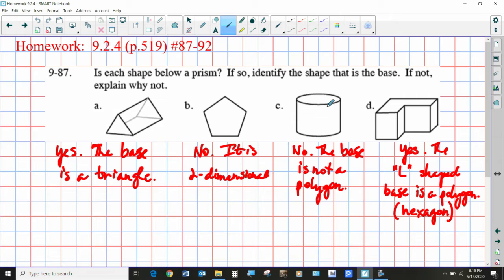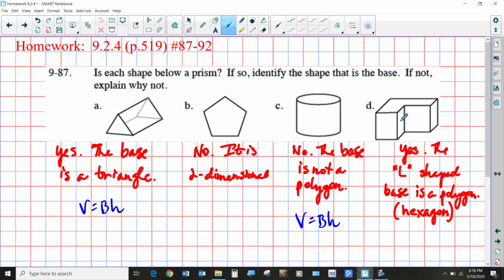Technically, this is not a prism, although the formula you're going to find in 8th grade is exactly the same as the formula for finding the volume of a prism. So the cylinder and the prism are related, but because it does not have a polygon for a base, it's technically not considered a prism. This is a prism, and I guess technically we would call that a hexagonal prism since the L shape is a 6-sided polygon.